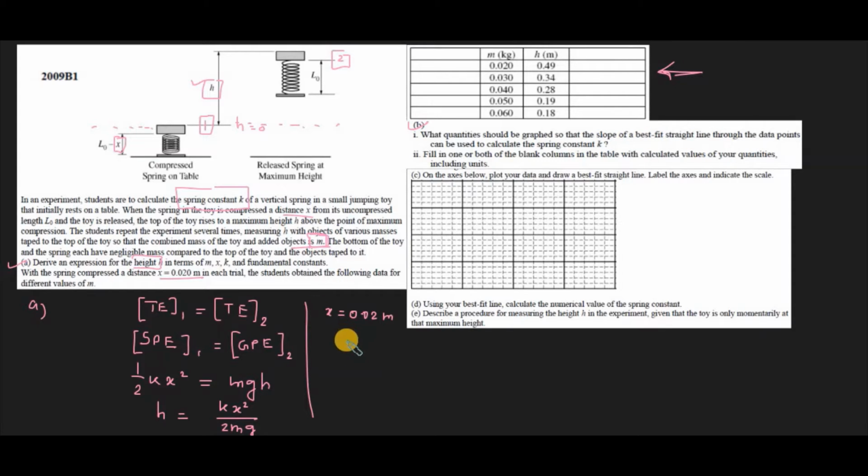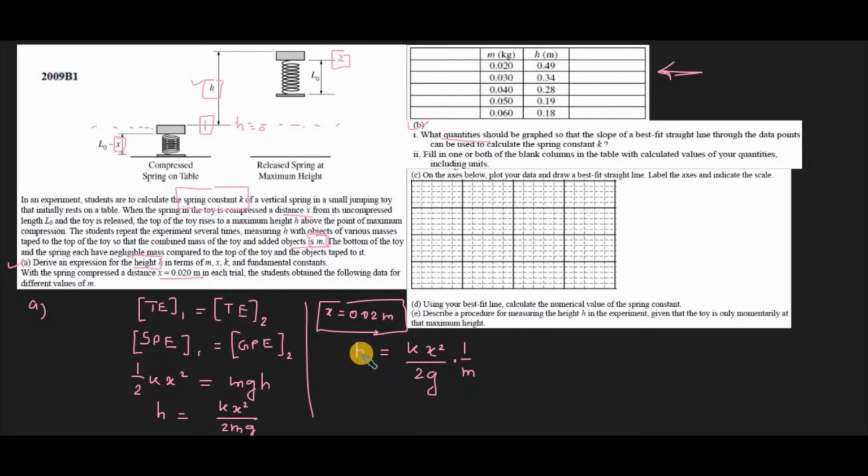So here we have to plot a graph between two variables such that its gradient will represent the spring constant. We can say that x is constant in this equation, because x is given as 0.02 meter, which means h equals k x squared upon 2g into 1 upon m.